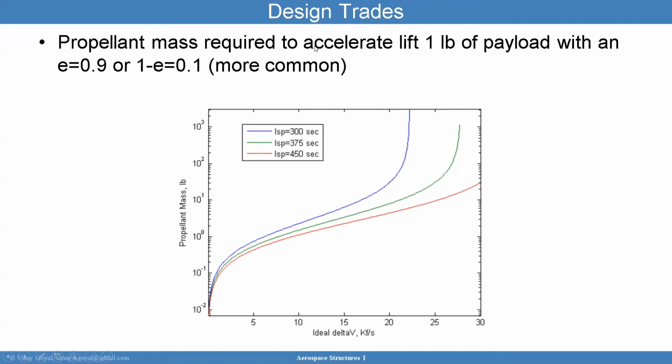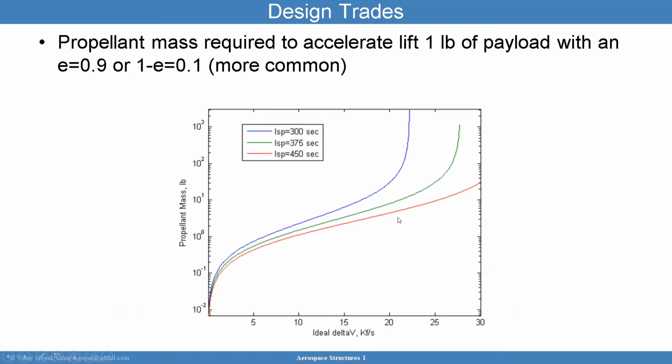Here you can see the propellant mass required to accelerate 1 pound of payload with a structural efficiency of 90%, which is a more common value. What you see here is a delta V that goes up to 30, so 30,000 feet per second. And then on the y-axis, you see propellant mass. You can see here that the greater the propellant mass, the higher the delta V goes.